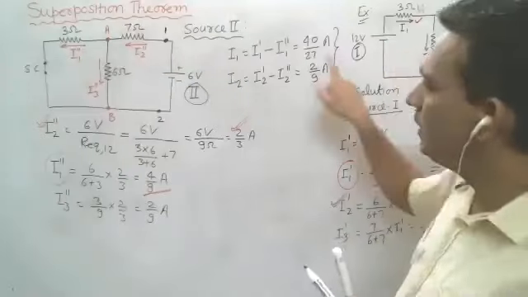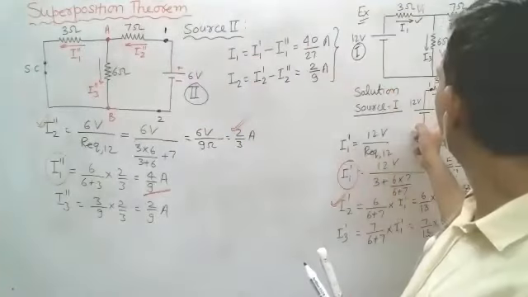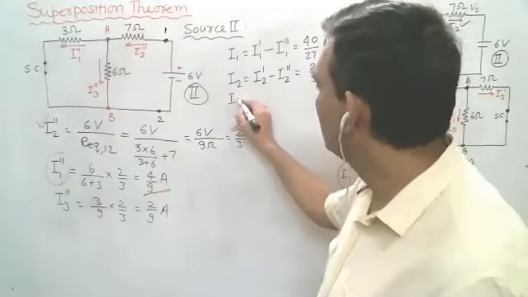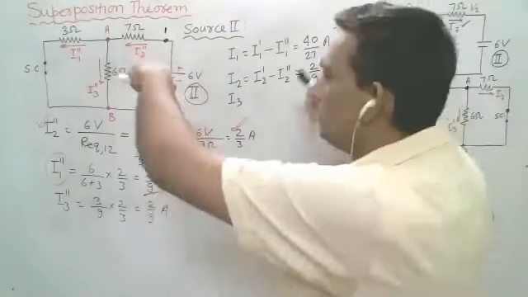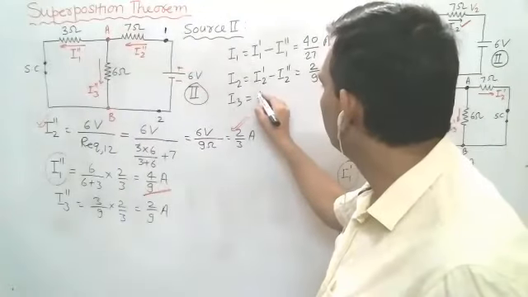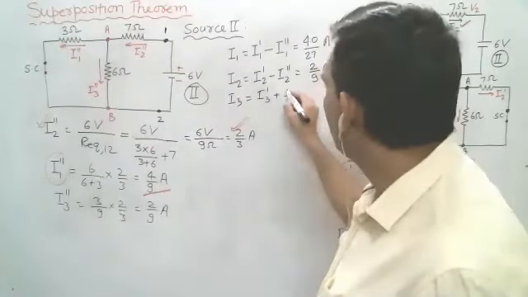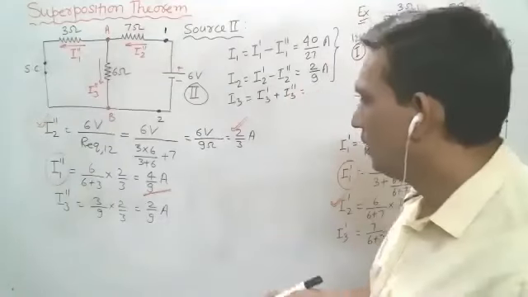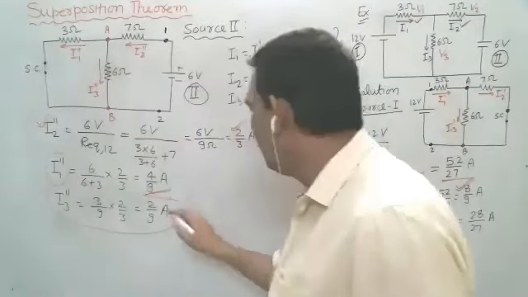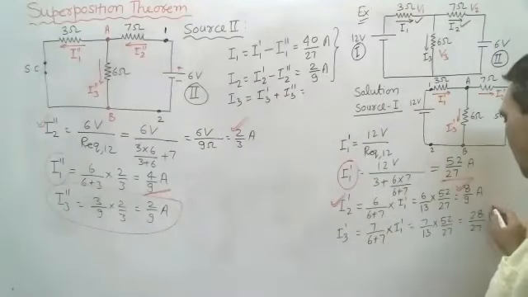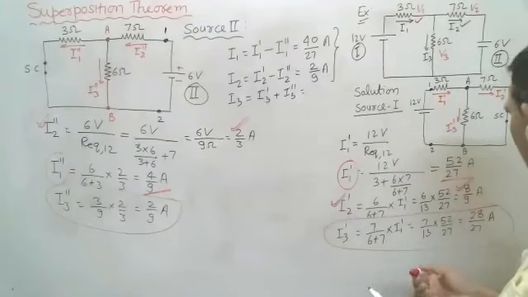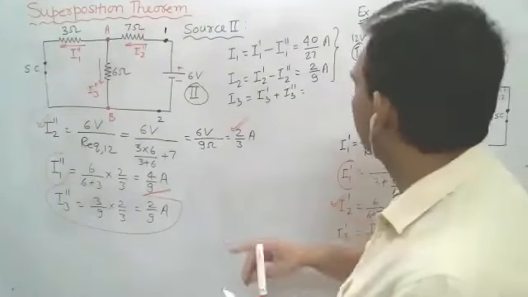Now what will be I3? You can see I3 dash and I3 double dash are in the same direction, so you have to add up: I3 dash plus I3 double dash. So add 28 by 27 and 2 by 9.